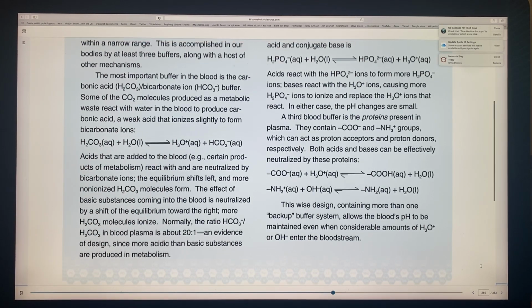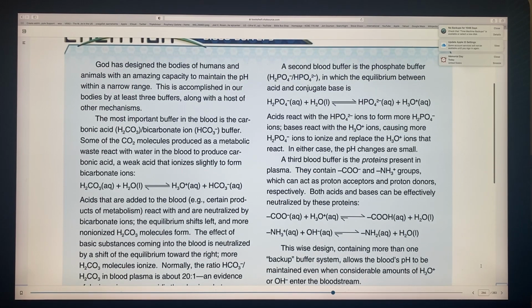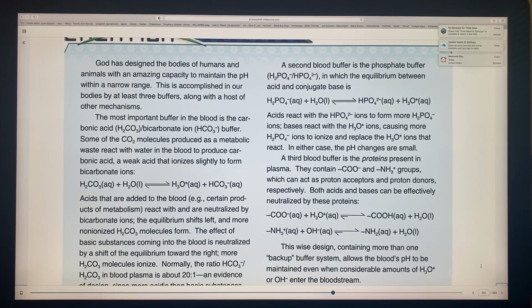Number 1 is the bicarbonate. How do we get this bicarbonate in our body? It's from the CO2, because our body produces a waste product. We breathe out carbon dioxide. So carbon dioxide is actually important in our blood to act as a buffer. Isn't that amazing?